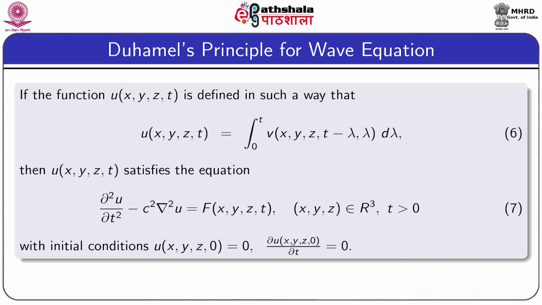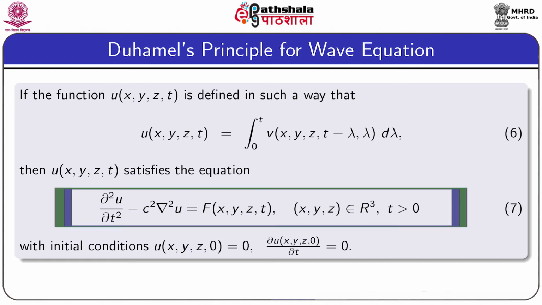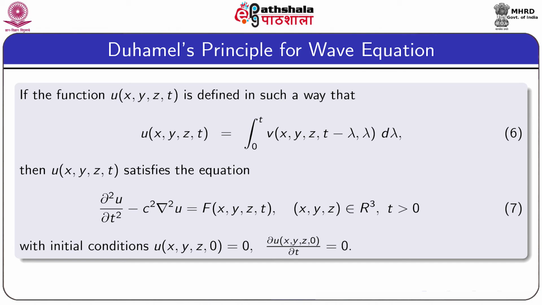Then we propose that u satisfies the equation del 2u del t square minus c square Laplacian u equals f with initial conditions u equals 0 and del u del t equals 0 at the point x, y, z and 0. That means initially both u and del u del t are 0.